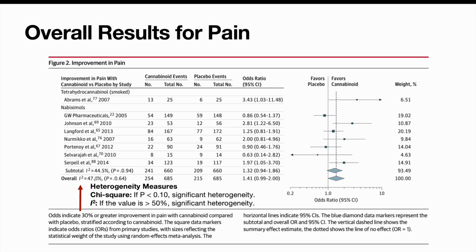Our I-squared here is a little bit less than 50%. So the heterogeneity there is not significant. They also give us a value for the chi-square here. And if it measures less than 0.1, then there's significant heterogeneity, and that's not less than 0.1. So we take what that information gives us, and we move on.